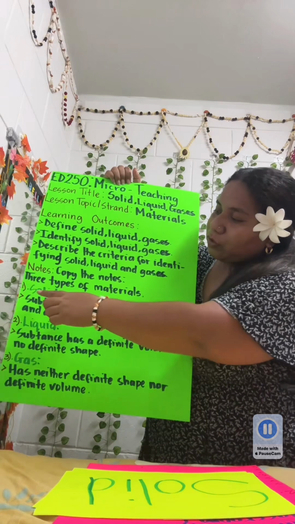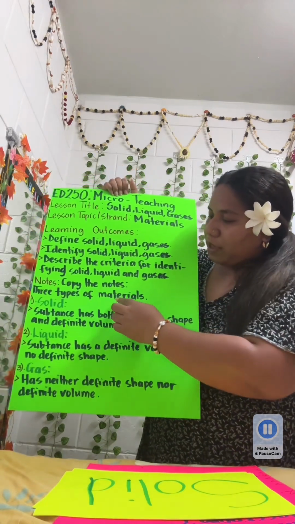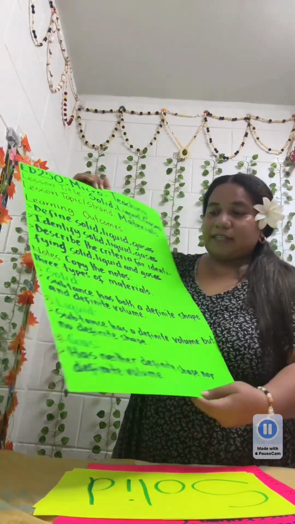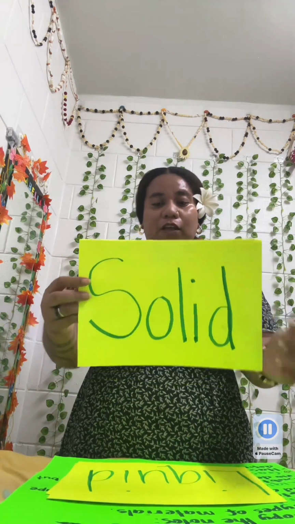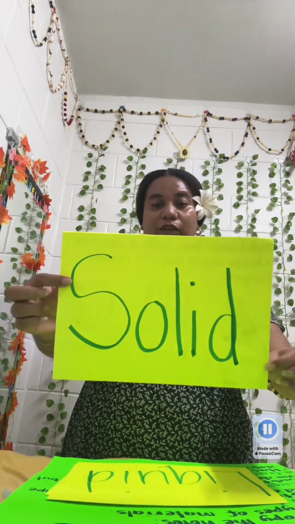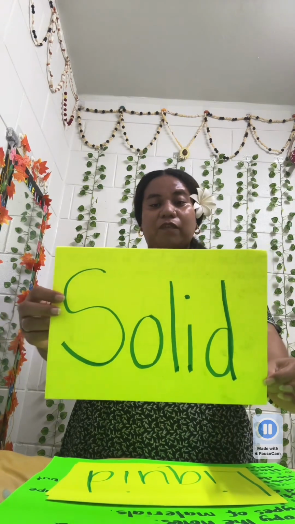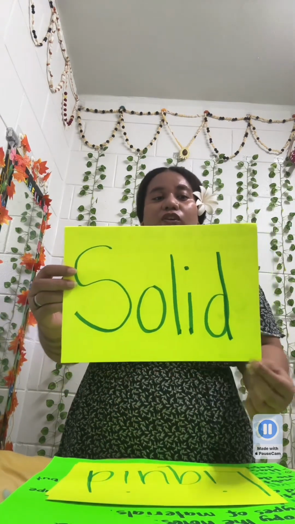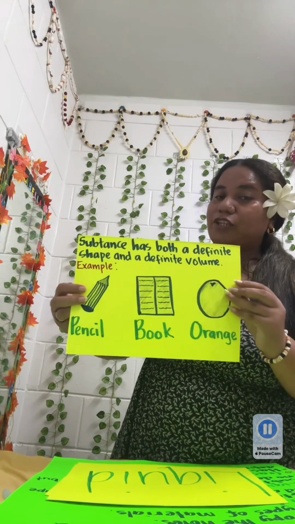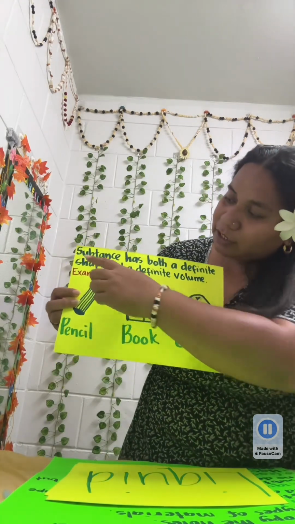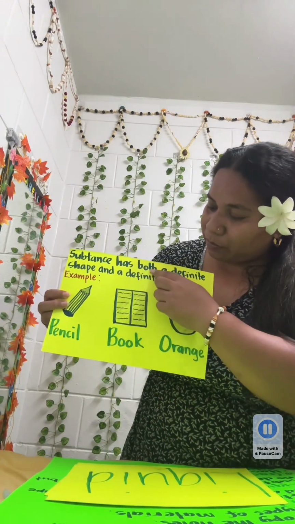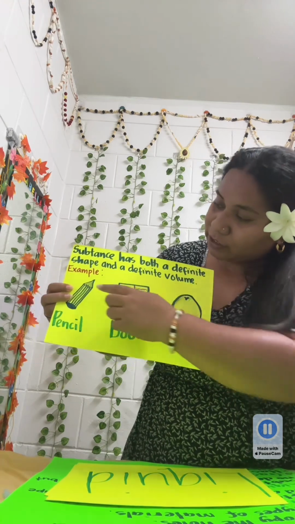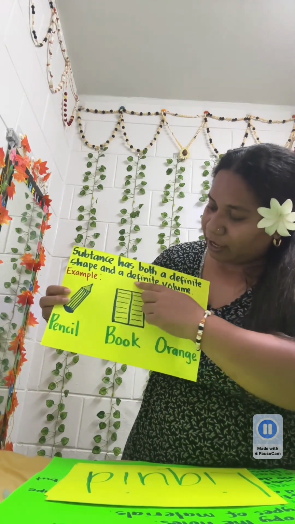For the note, three types of materials or matter. The first one is solids, as you can see on the flashcards that I have provided. The definition for solids: a substance that has both a definite shape and a definite volume.